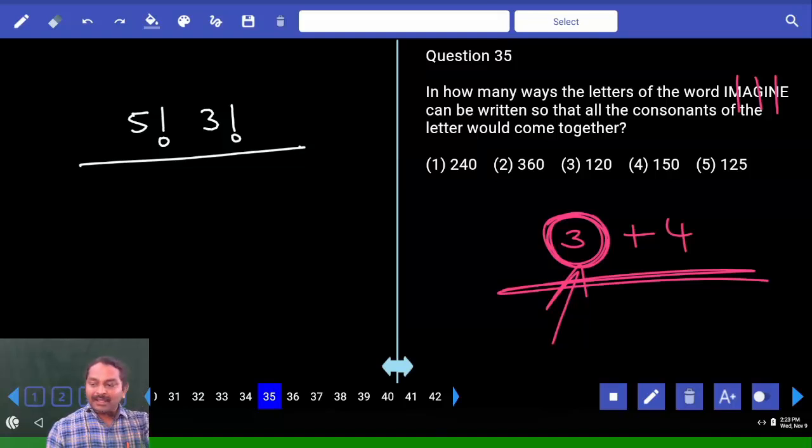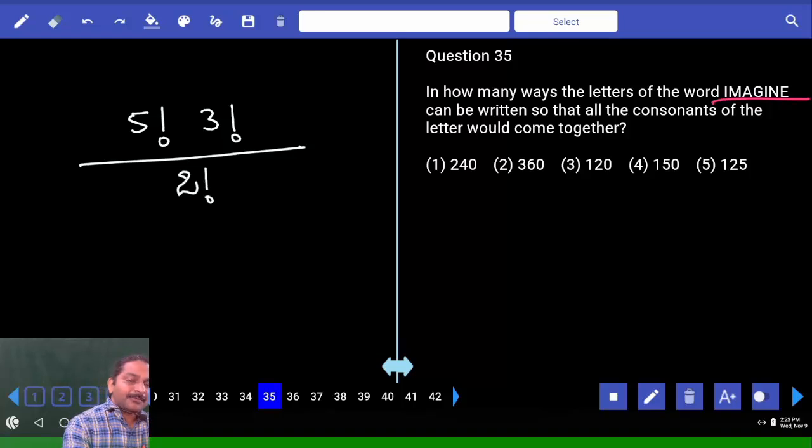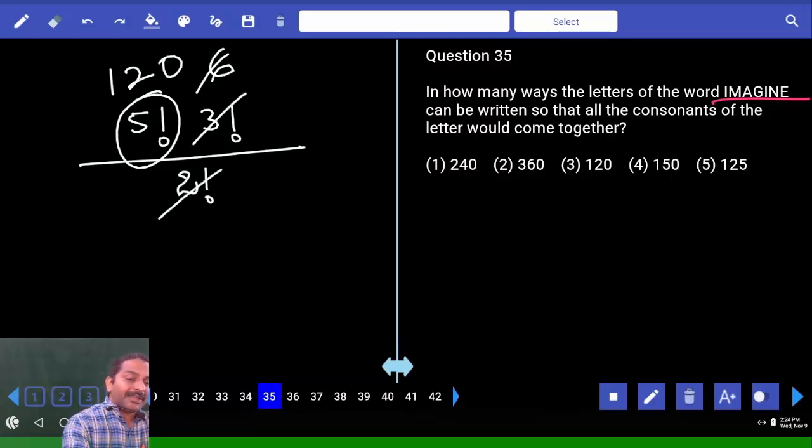Can you find any letter which is repeating here? Yes, I is repeating 2 times. So that is 2 factorial. Now 5 factorial is 120, times 3 factorial, divided by 2 factorial. 360.